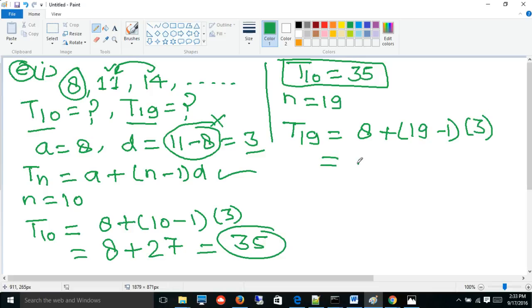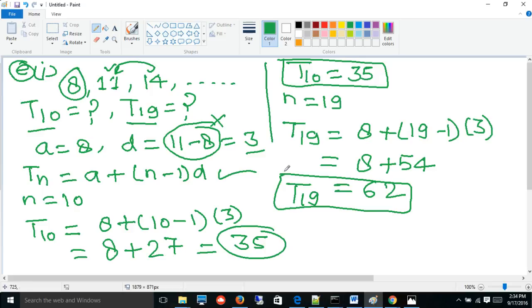So 8 plus 19 minus 1, which is 18, into 3 is 54. So 8 plus 54 is 62. So T19 is 62.